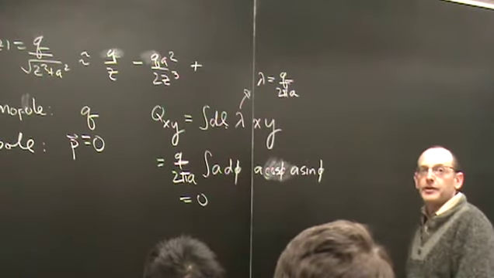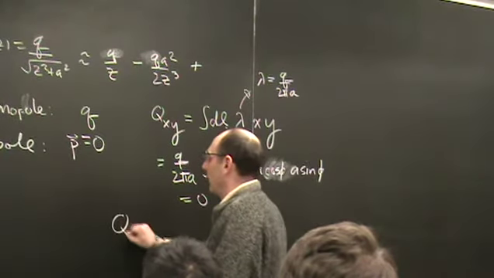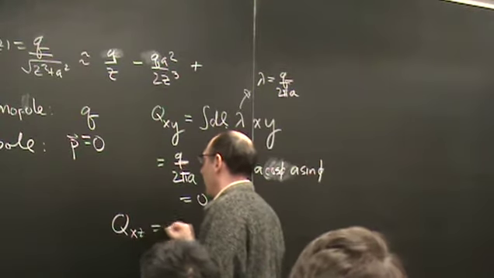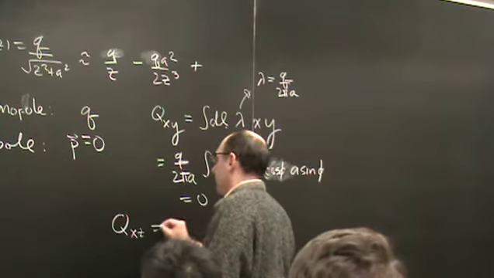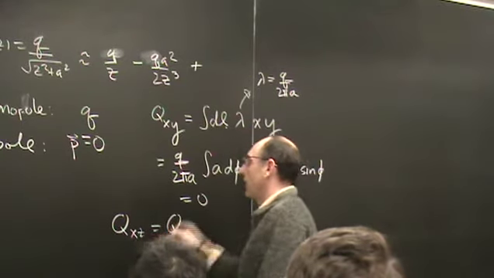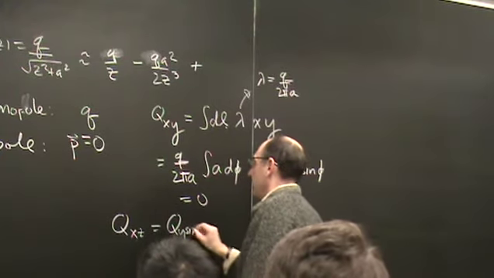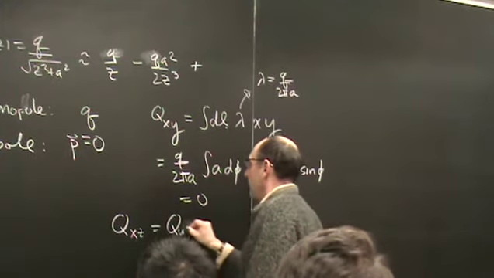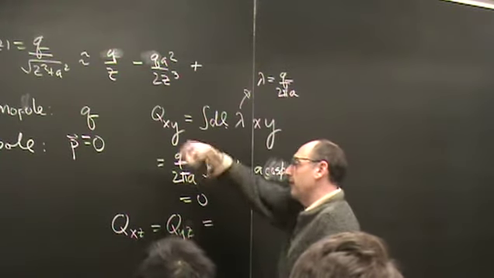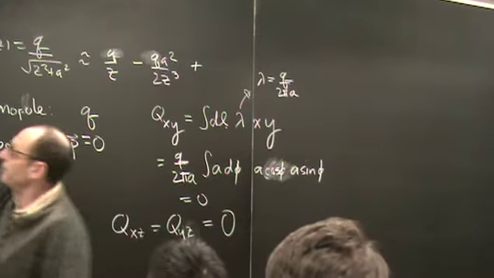Similarly, it's your challenge to show that the off-diagonal components are 0 for exactly the same reasons, because this thing depends on cosine phi, this doesn't depend on phi, this depends on sine of phi.